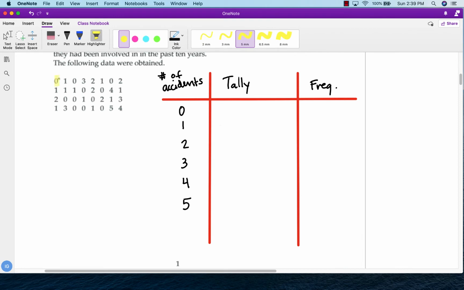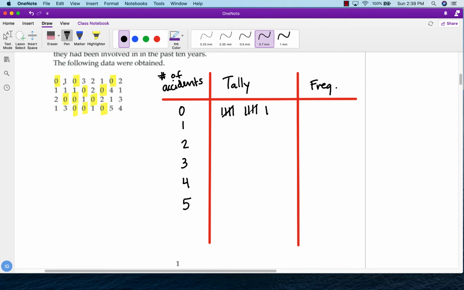So for example here, 1, 2, 3, 4, 5, 6, 7, 8, 9, 10, 11. So here you can go in order, or you can do it like this. So here I have 1, 2, 3, 4, 5, 1, 2, 3, 4, 5, 11.